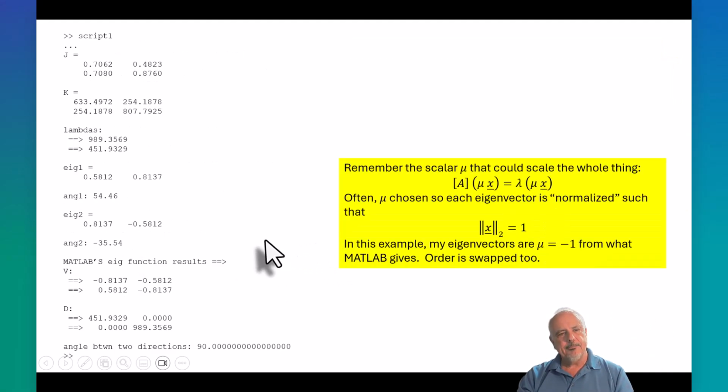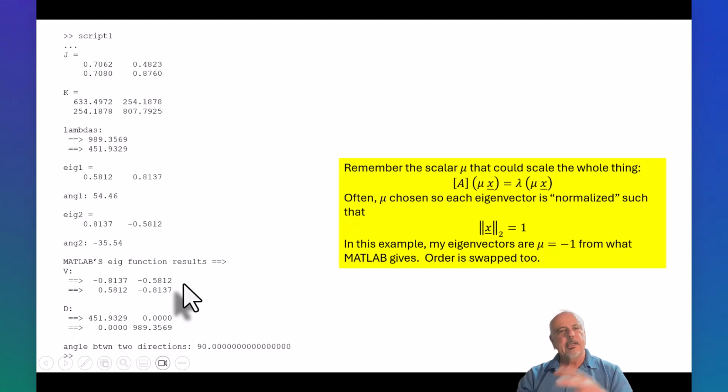So I run that, and it's interesting what I get. I print out my J, my K, and my lambdas. Here's my eigenvector 1, 54.46 degrees. Here's my eigenvector 2, the minus 35.54.